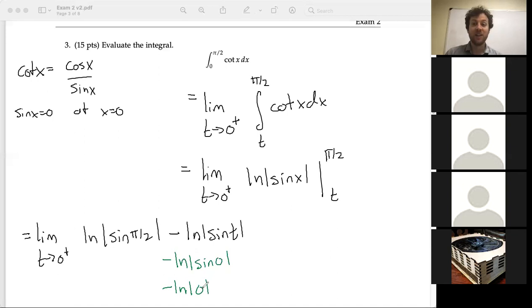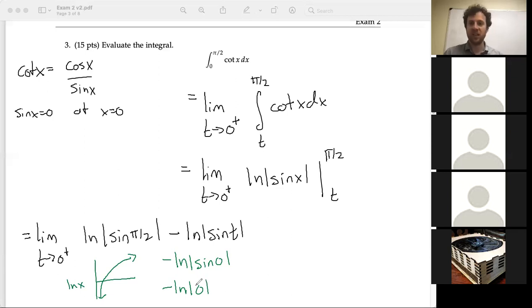The natural log isn't defined at 0. And the reason is that the natural log of x has a vertical asymptote at 0. So when we're taking this limit, we can write down something like the natural log of 0, but what we're doing there is not trying to evaluate it, but to write down and kind of tell ourselves, what limit behavior do we need to deal with?